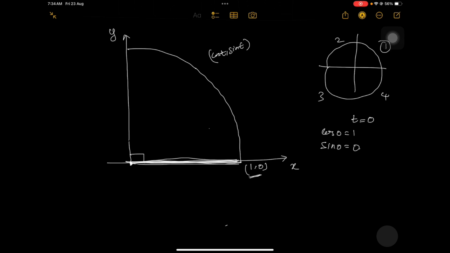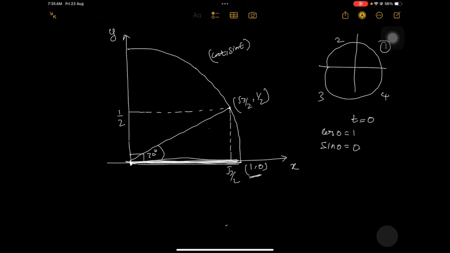Then we will move on to the 30 degree. So 30 degree, cos 30 and sine 30. This point is going to be root 3 by 2 comma half. It means the x value is root 3 by 2, and the y value is going to be half.